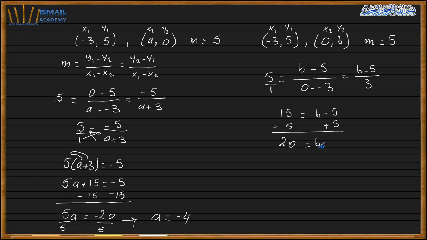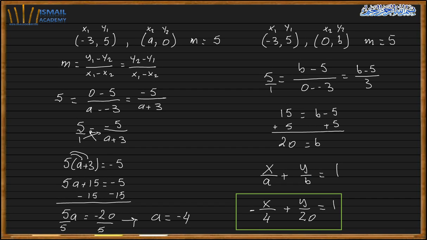So I know my b, my y-intercept, is 20. Then the equation is x over a plus y over b equals 1, and that's the answer.